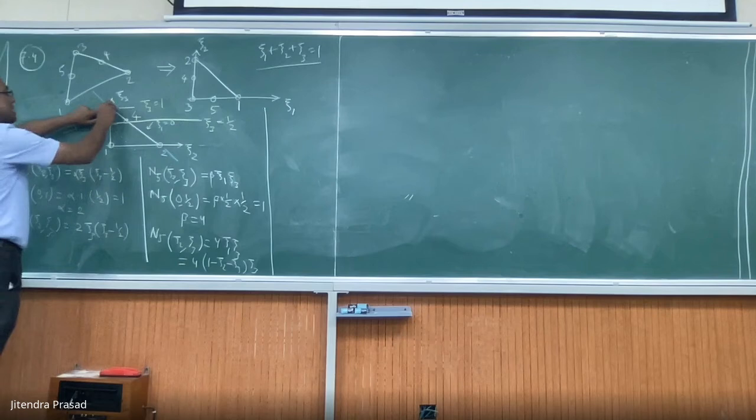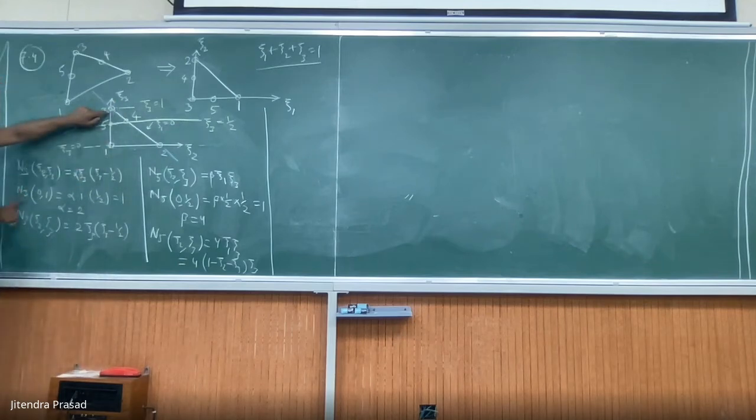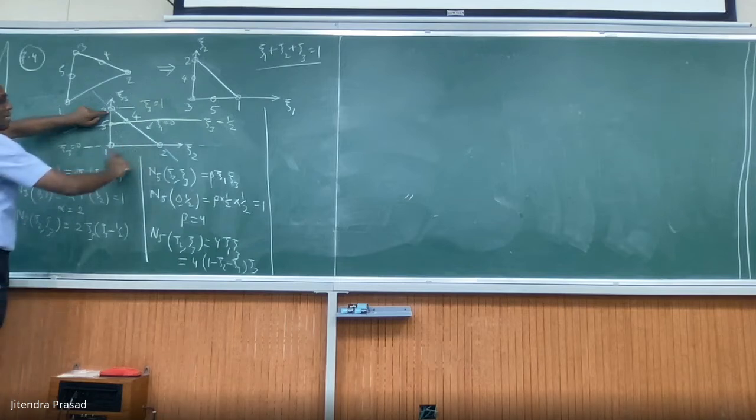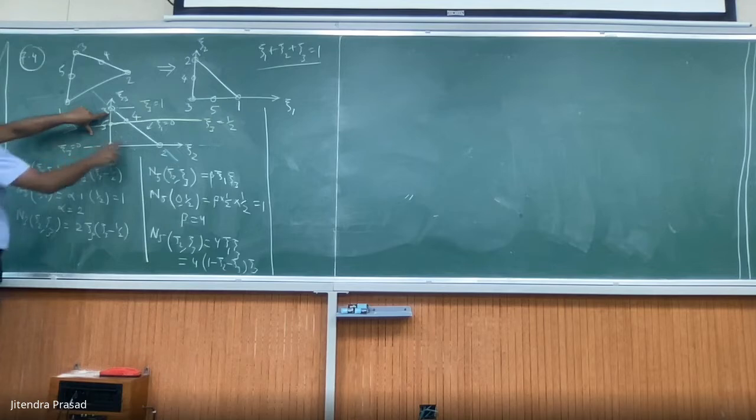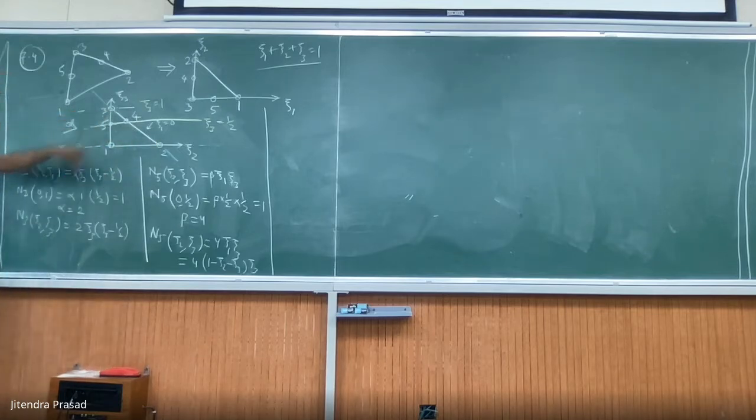So if you are at N3, let us say N3, if you are going from 1 to 2, then xi2 moves, but xi3 remains constant. So in fact, N3 is 0 only, basically, throughout.